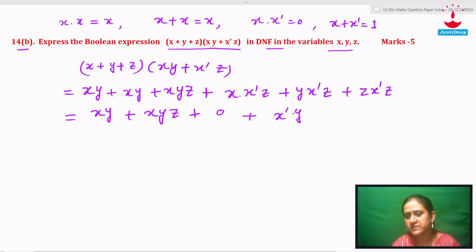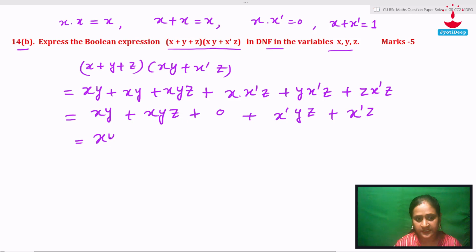It will be, we can write, x dash yz plus x dash z into z, that is z. So we got these two in xyz, in variables xyz.